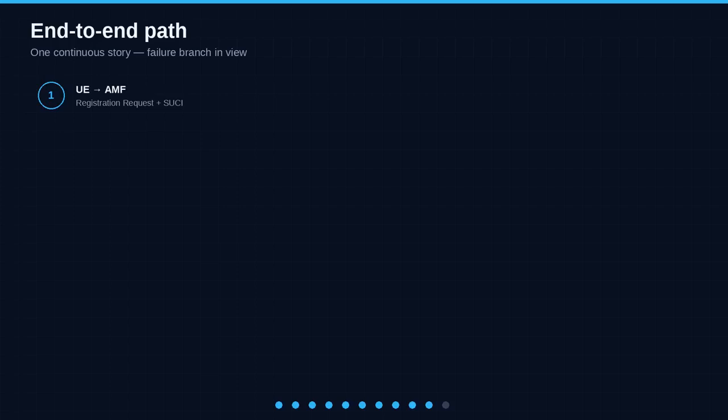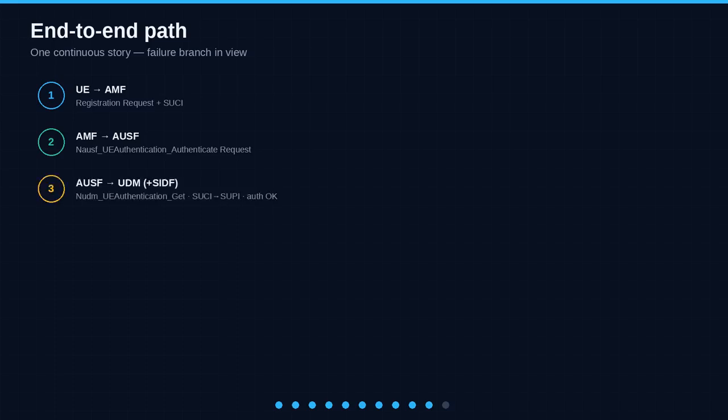Step 3, the AUSF sends Nudm_UEAuthentication_Get request to the UDM. If needed, SIDF deconceals SUCI into SUPI. Authentication data is obtained. In our scenario, authentication succeeds. AUSF and UDM are co-located inside the register's network, so those hops are internal.